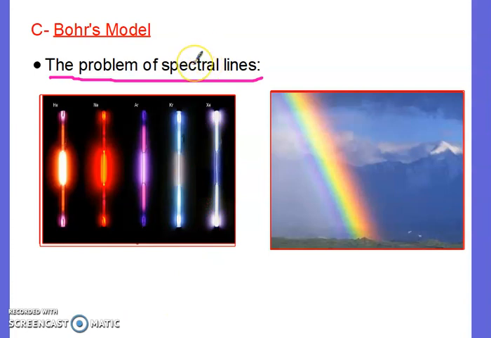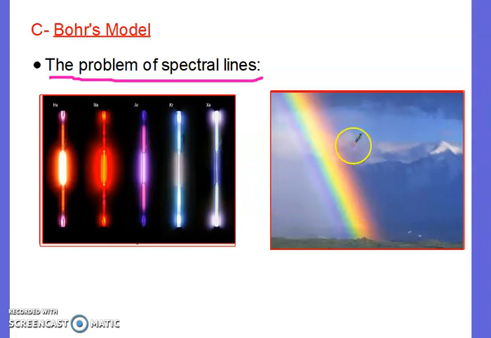Now what do we mean by the spectrum of an atom? The spectrum represents the set of colors emitted by the atom. We mean the set of monochromatic waves emitted by an atom, for example, or by an object. Let's look at this spectrum, which is a rainbow.